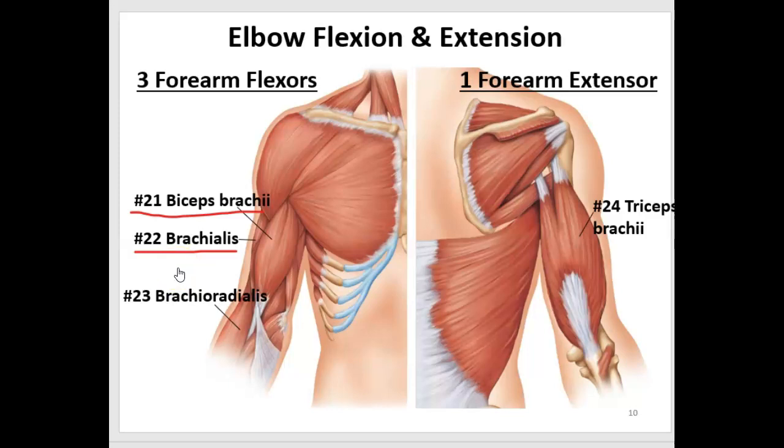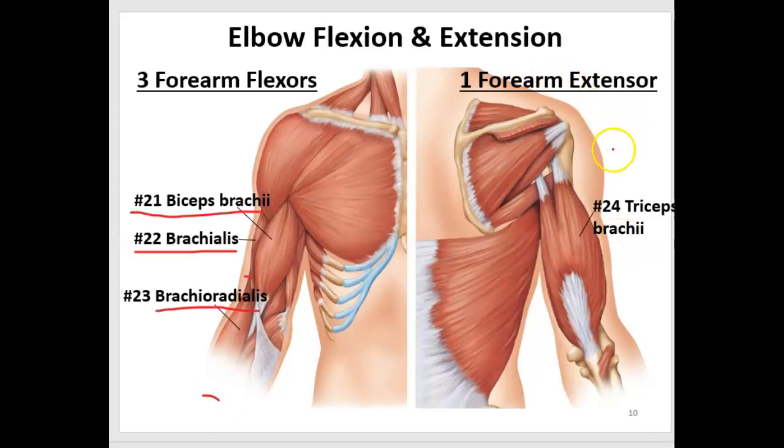But they act synergistically, the biceps brachii and the brachialis. The brachioradialis also helps to flex the forearm, but it's located a little bit more inferiorly. It has an origin up on the humerus, and its insertion is lower on the radius.